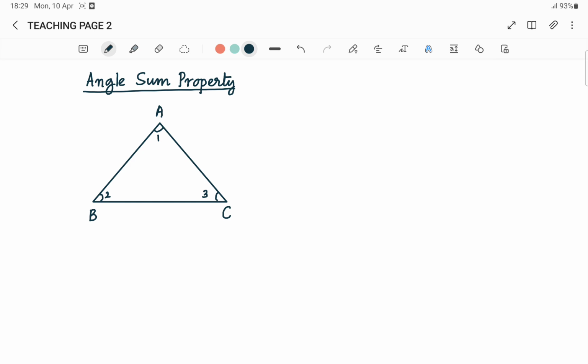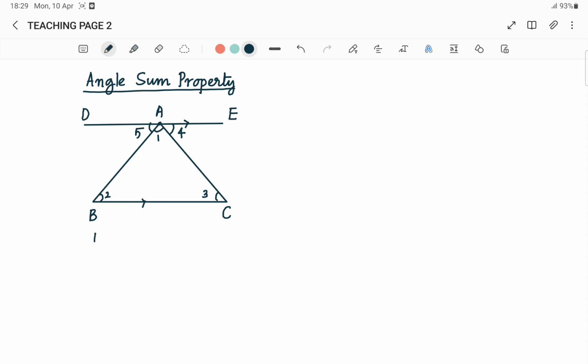Now what I will do is draw one line through A which is parallel to BC. Through A, I will draw a line called DE, and it is parallel to BC. I will name these angles as 4 and 5.